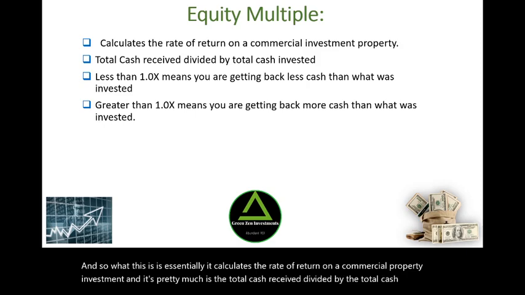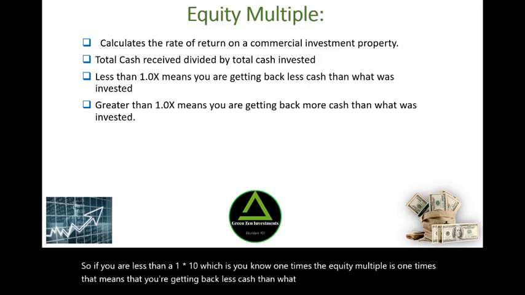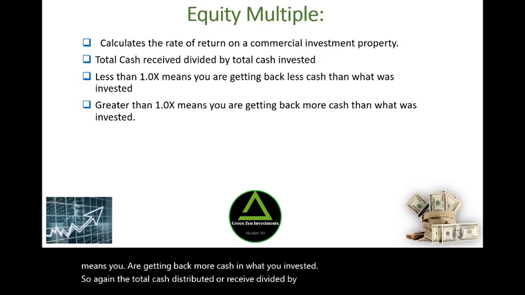So if you are less than 1.0, which is 1 times, the equity multiple is less than 1 times, that means that you are getting back less cash than what was invested. If it's greater than 1, it means you are getting back more cash than what you invested. So again, the total cash distributed or received divided by the total cash, which is the equity invested.